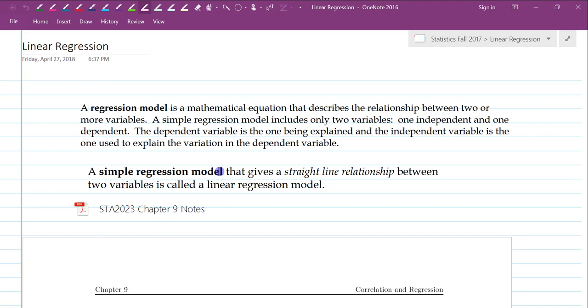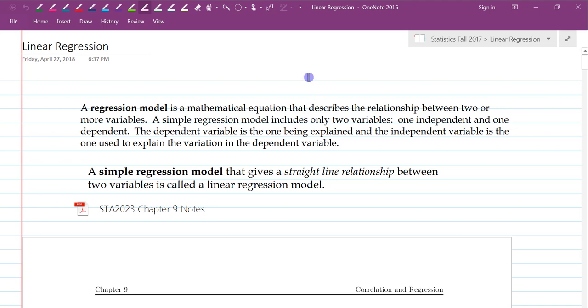Okay, so the independent variable would be how many miles are on the vehicle, or the independent variable could be the year the vehicle was made. The dependent variable would be the price you can sell the car for, because the price that you can sell that car for is directly dependent upon the age of the vehicle and the number of miles on that vehicle.